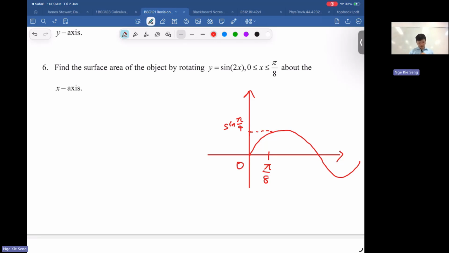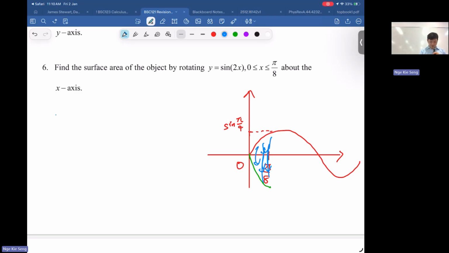Okay. So surface area of this part rotated about the x-axis. So your x-axis like this. So here it is. That's it. Maybe I draw a bit too far. Okay. Right. So what's the formula?